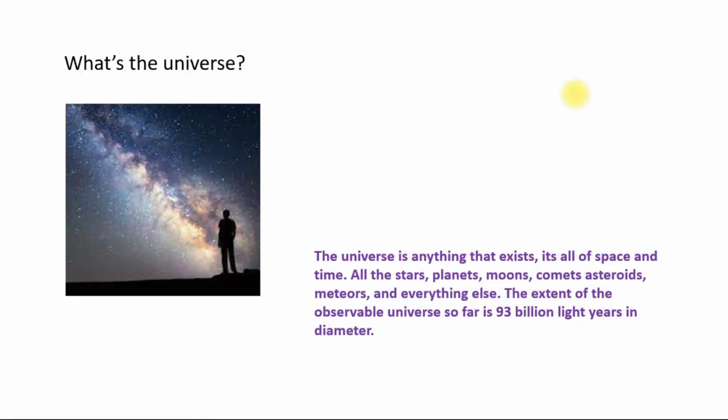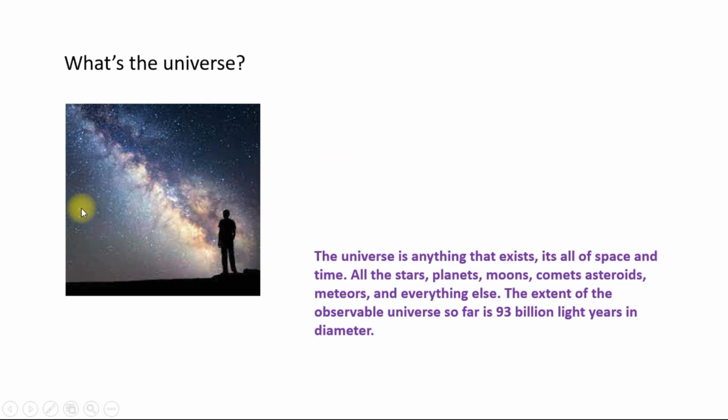What's the universe? The universe is anything that exists. It's all of the space and time. All the stars, the planets, moons, comets, asteroids, meteors, and everything else. Now, the extent of the observable universe is about 93 billion light years in diameter.